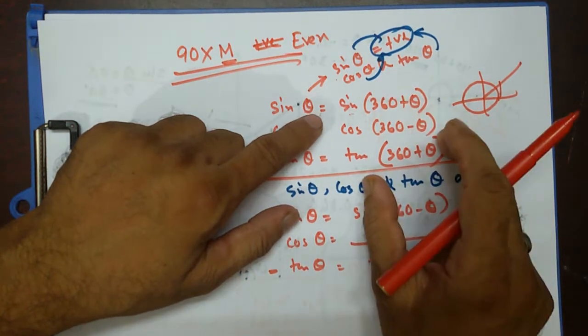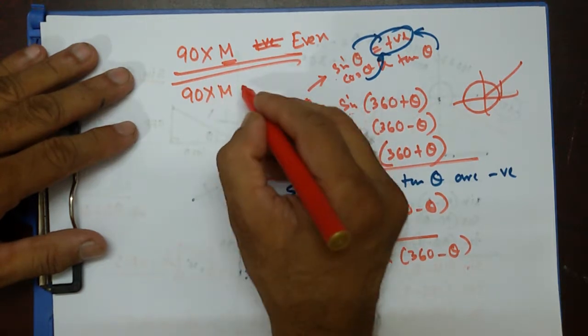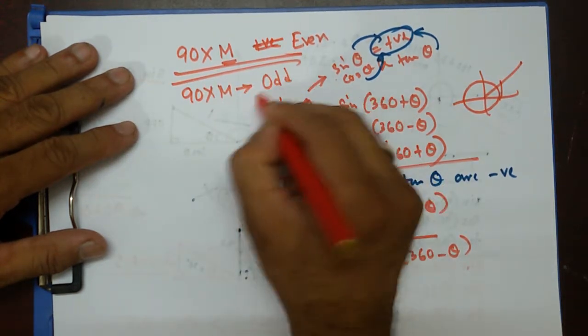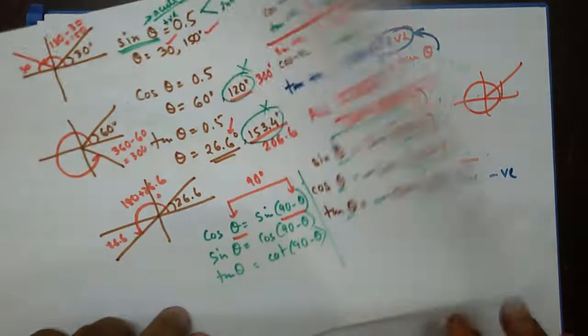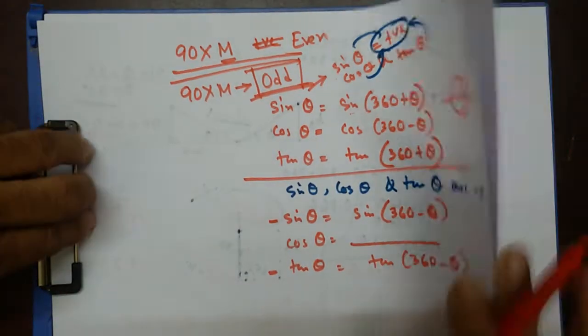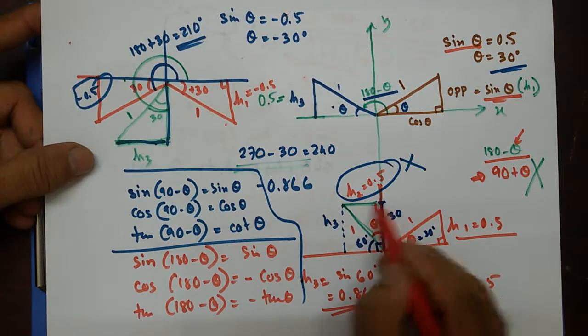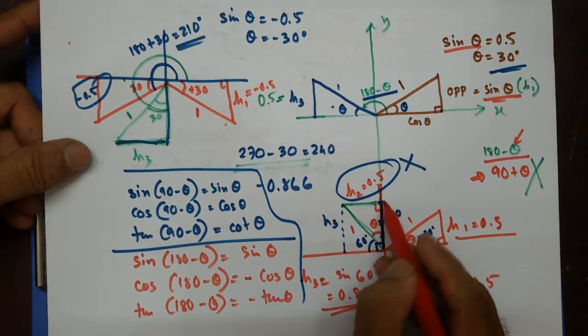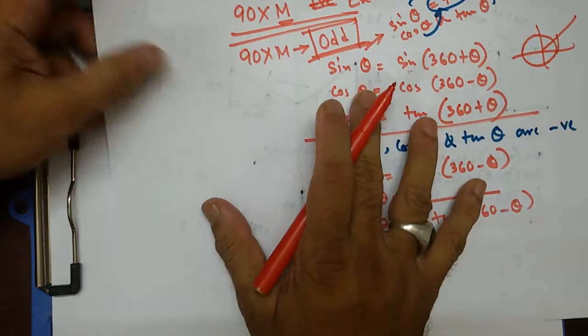But if it's 90 times m and this m is odd, then we have to be very careful, because it doesn't give the height. It just shows the displacement, or how far it is off from the origin. So be careful with that.